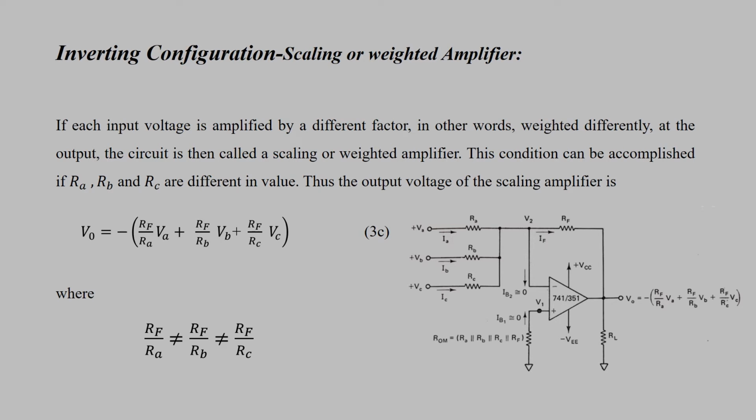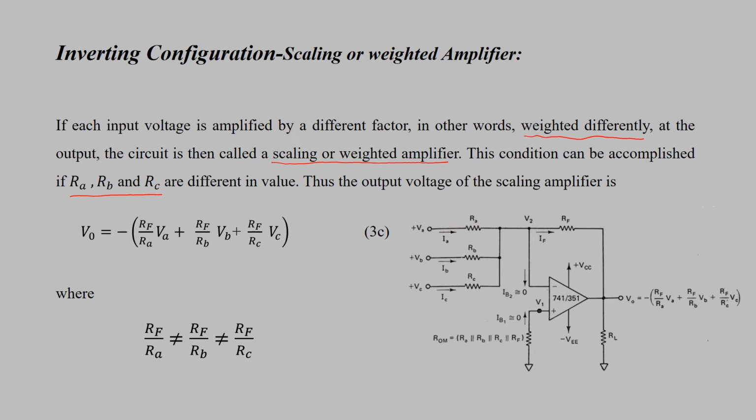If each input voltage is amplified by a different factor, or you can say weighted differently, then the circuit is called scaling or weighted amplifier. This condition can be accomplished if RA, RB and RC have different values.